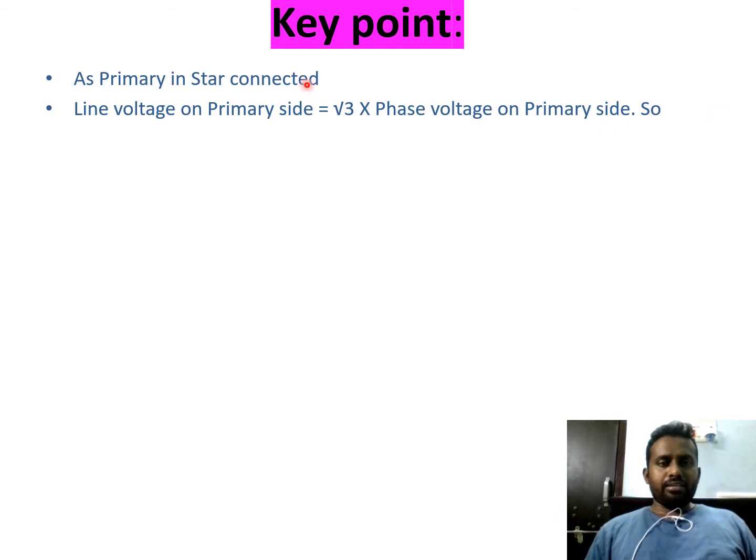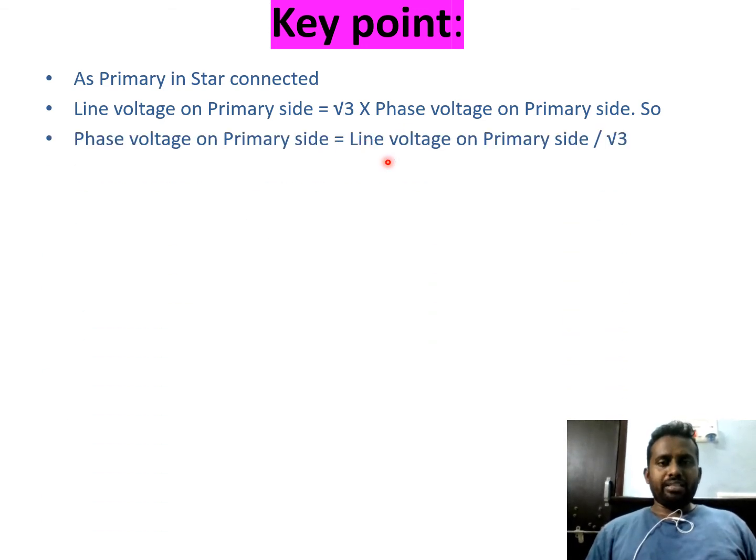So, this is the relation between line voltage and phase voltage of star connection. For a star connection, the line voltage is root 3 times phase voltage, or in other words, phase voltage on primary is line voltage by root 3.